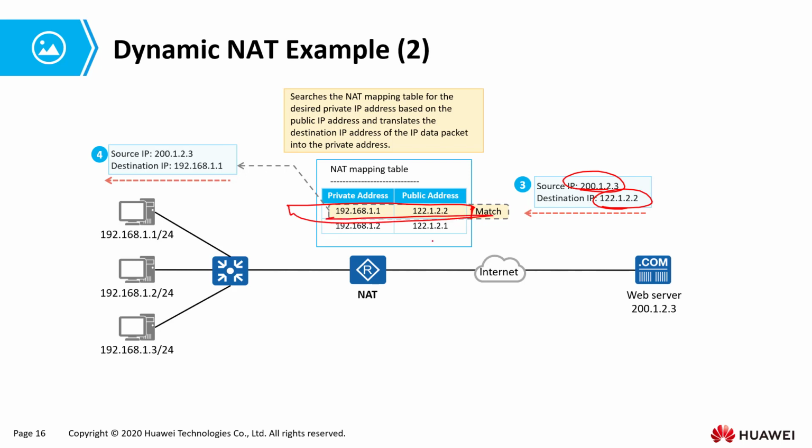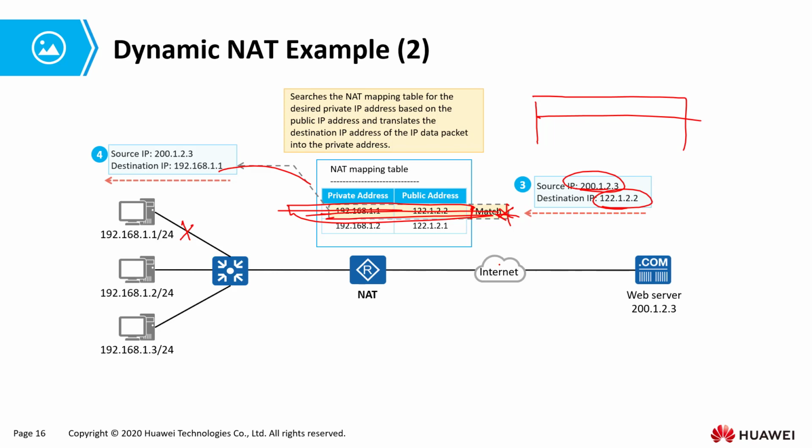So it checks the temporary table, gets a match, and then sends the reply to the host that originally asked. Again, when this host stops using the internet, this entry is going to disappear from the NAT mapping table, and in the address pool, that particular address will be marked as available, or not in use.